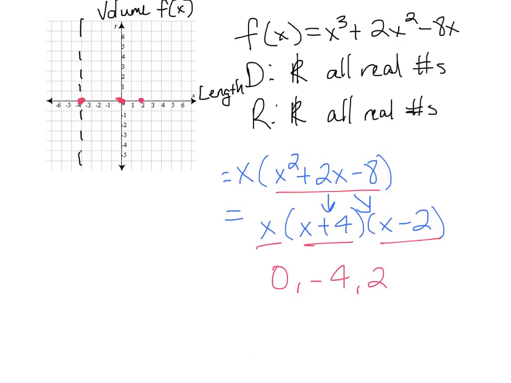The first interval is values that are less than -4, then between -4 and 0, between 0 and 2, and then values that are greater than 2. So for this, I'm going to make myself a t-table of sorts, just to help me out.